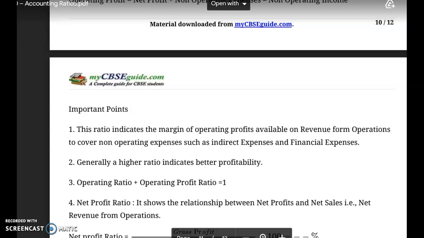And the result is operating ratio, that is expense ratio, plus operating profit ratio is equal to 1. So this way we have learned to calculate the first three ratios, that is gross profit ratio, operating cost or operating ratio, and operating profit ratio. I will continue in my next video with the other remaining profitability ratios.